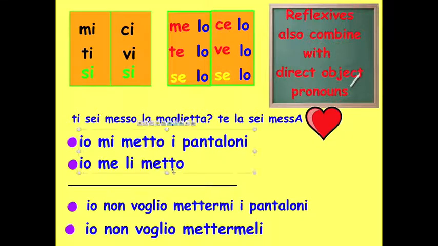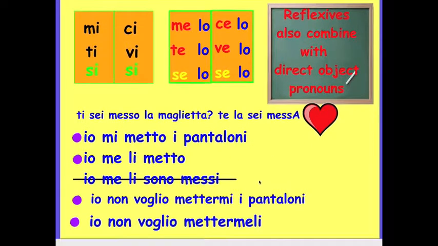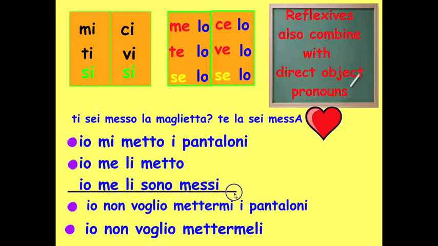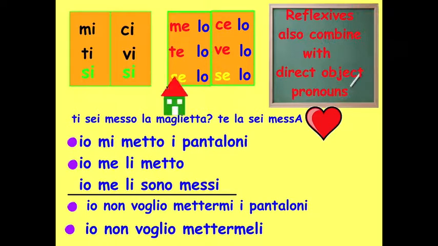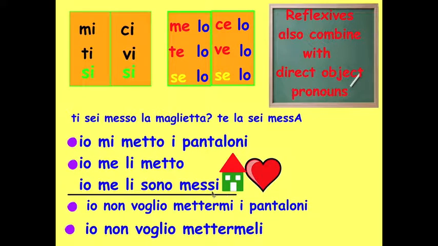Okay, now if we were to do this one in the past, io me li sono messi. That's because the reflexive verbs are house verbs, which I think at this point we all know, which means they take essere. So they're going to take essere as your helping verb, and then you have an agreement to make. Normally, the agreement in the reflexive is with the subject, but now you have both things that take the agreement.